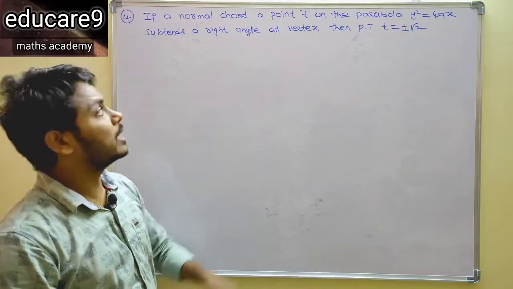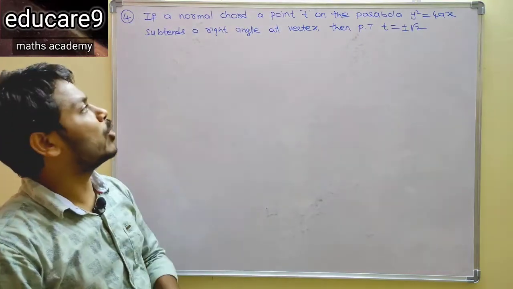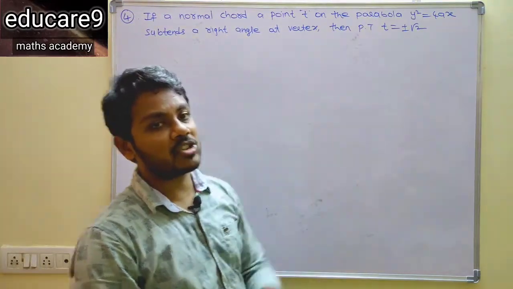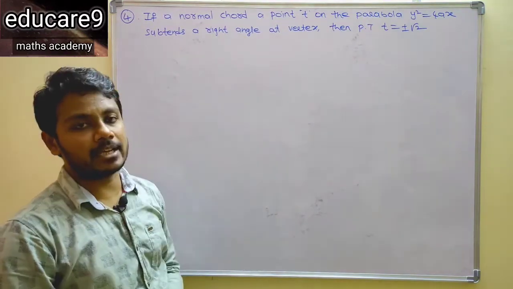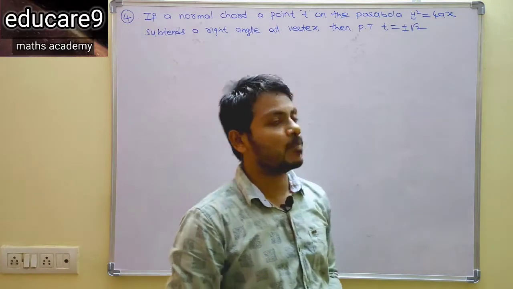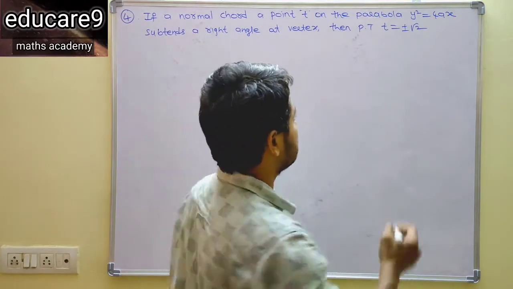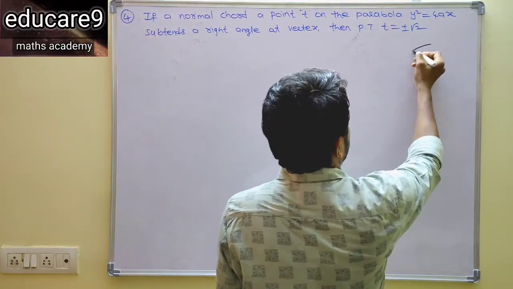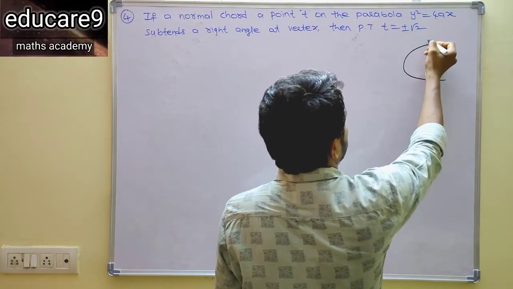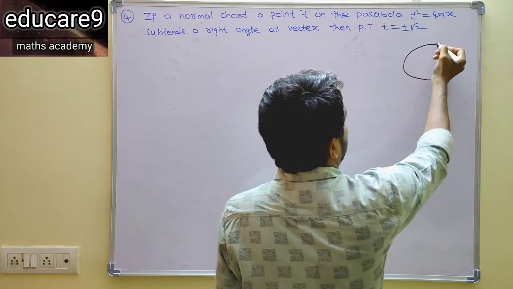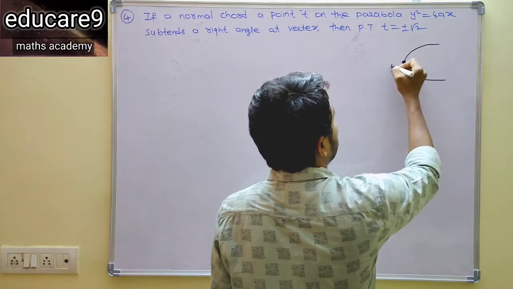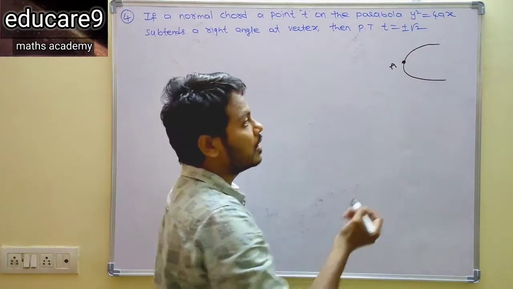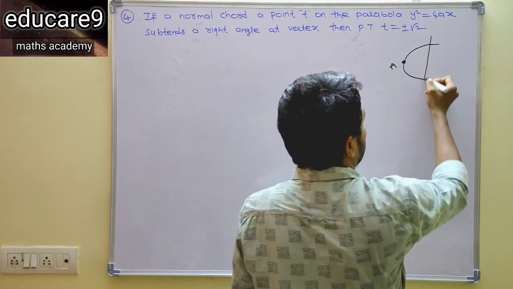So see the next question. If a normal chord at a point P on the parabola y square equal to 4x subtends a right angle at vertex, then prove that T is plus or minus 1. See here, this is the given parabola and this is the vertex of the parabola, and this is the normal to the parabola.